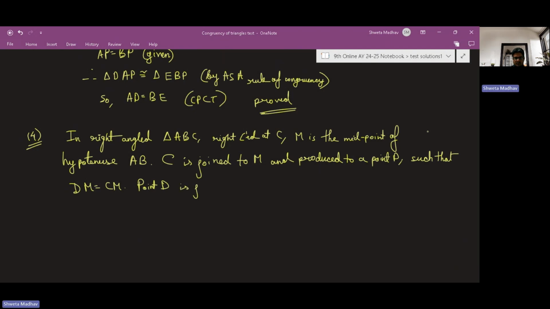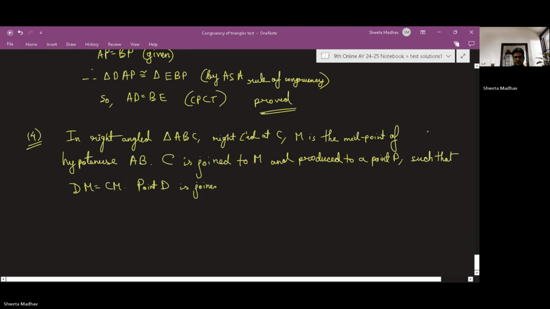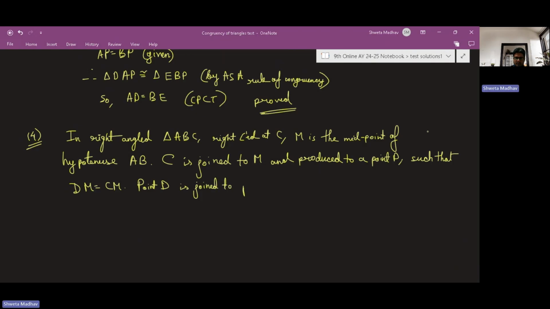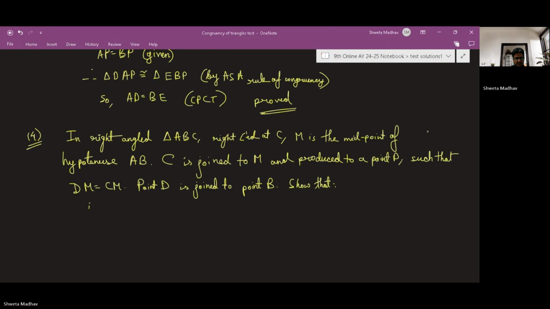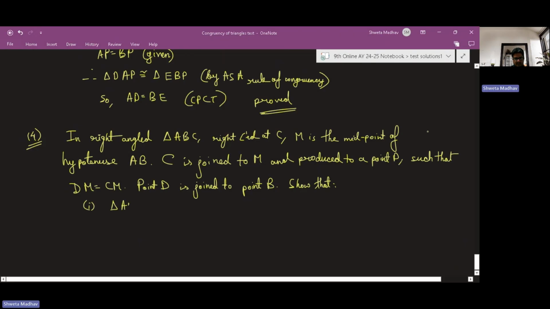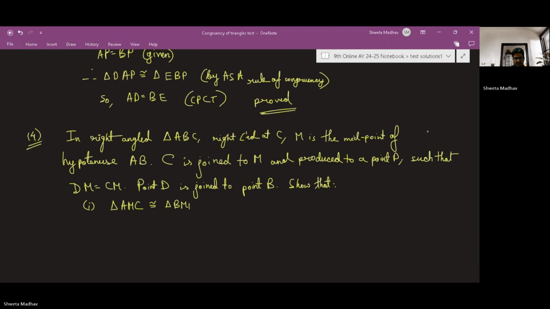And point D is joined to the point B. And show that, first thing is triangle AMC is congruent to triangle BMD.